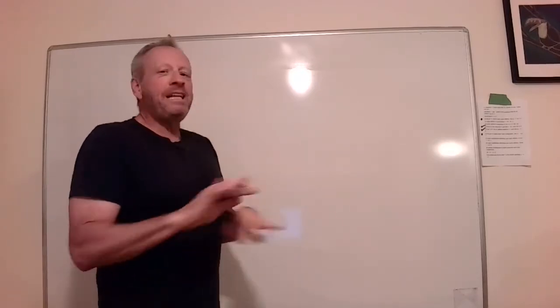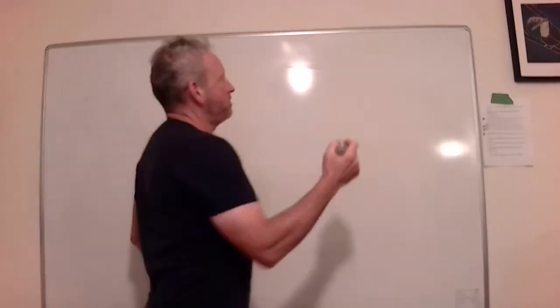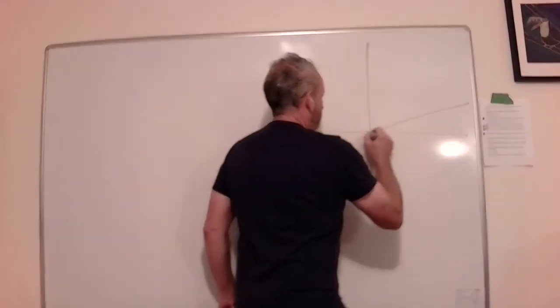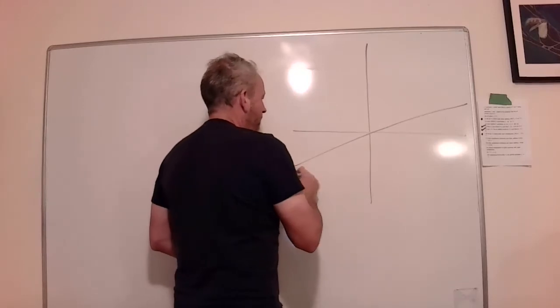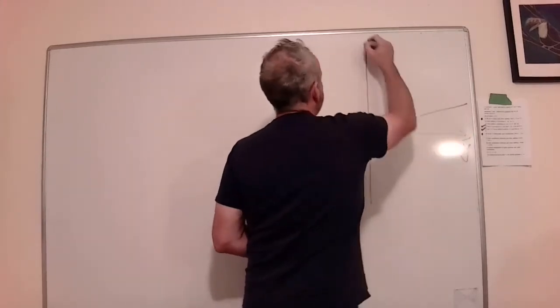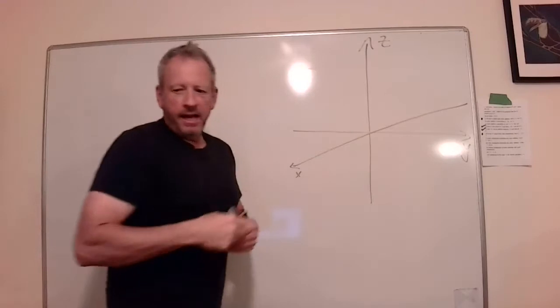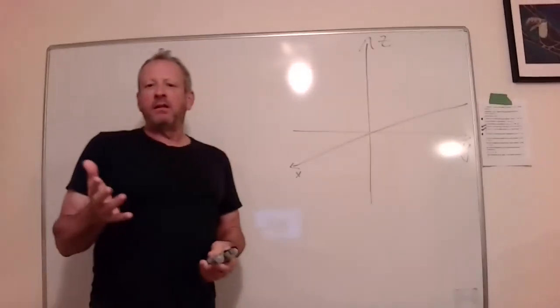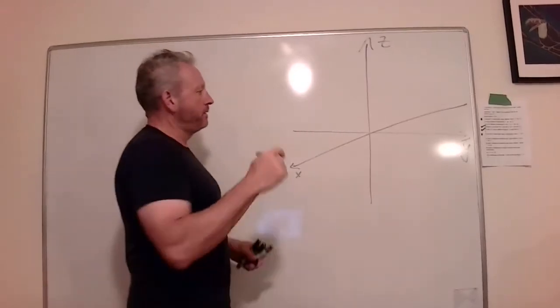Now, what do we mean by a general rotation? Here's what we're after. Here's our x, y, z coordinate system, and a general rotation of R3 is the following.